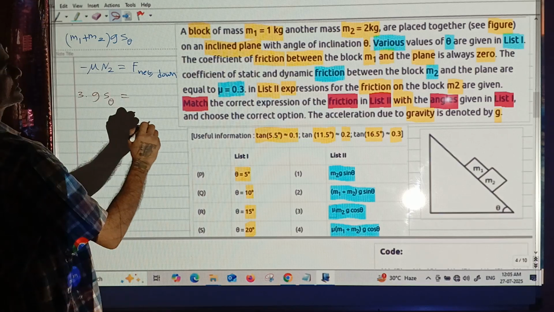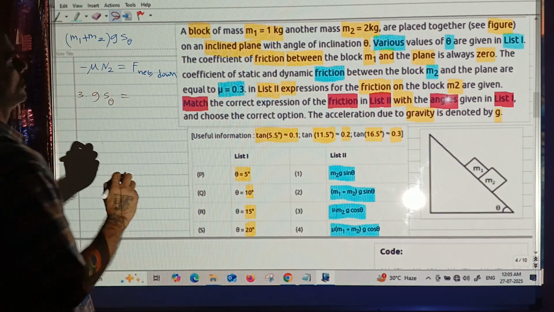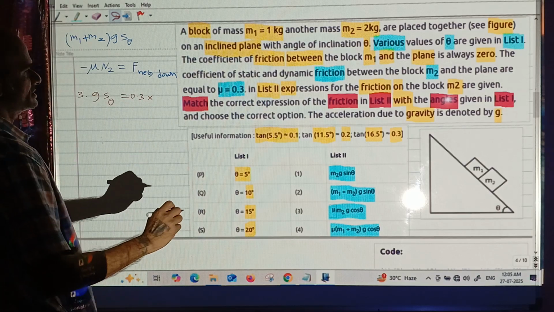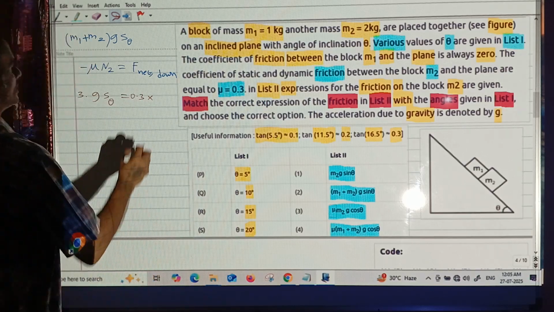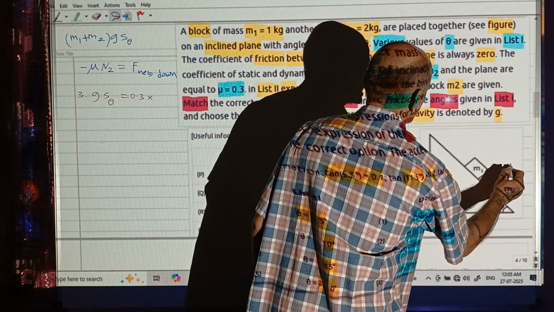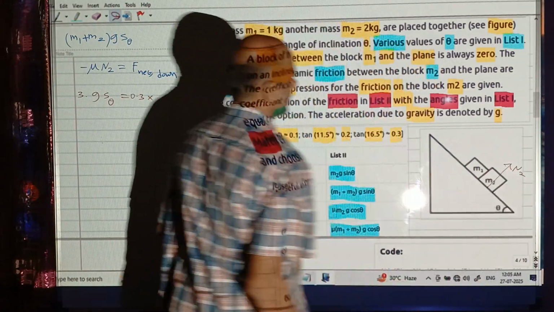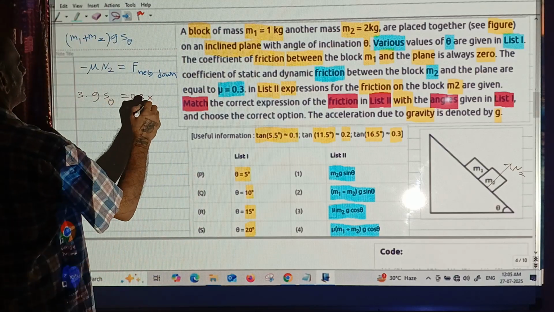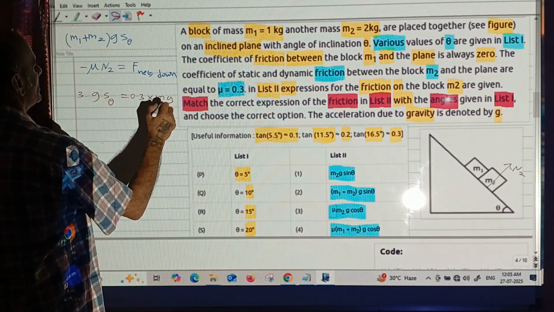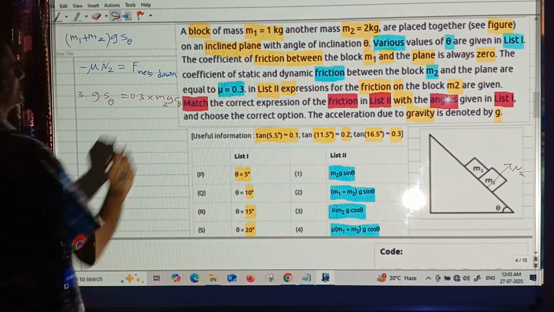It's mu, and mu is given as 0.3, into the normal reaction on this block M2. This normal reaction will be M2 g cos theta.